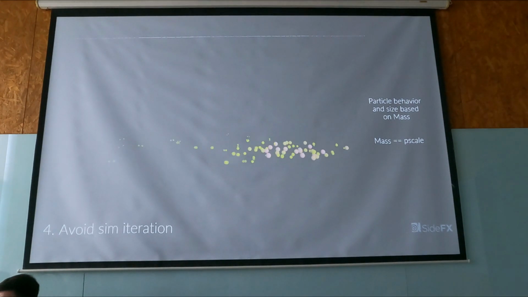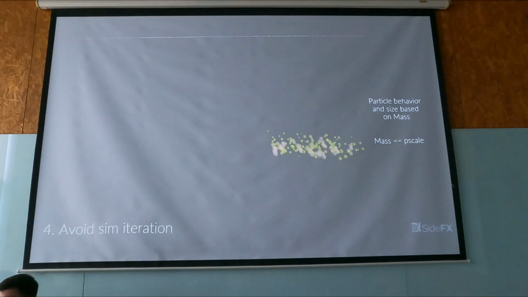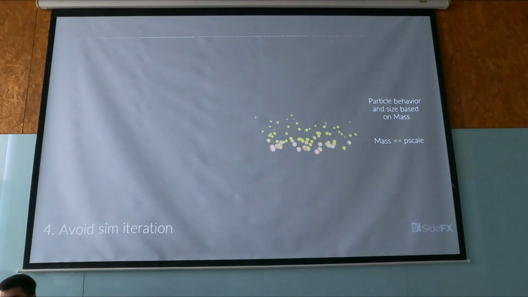So if the velocity is slow, we just give it a bigger scale. And if the velocity is fast, then you just give it a smaller scale. That way you are separating your motion and your look. So anytime you want to change the look, or overall you want all the rocks to be bigger or smaller, you just do that without changing the sim.